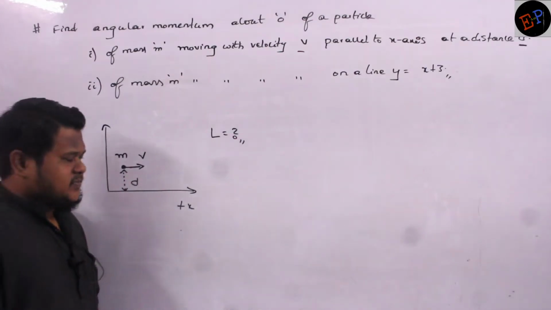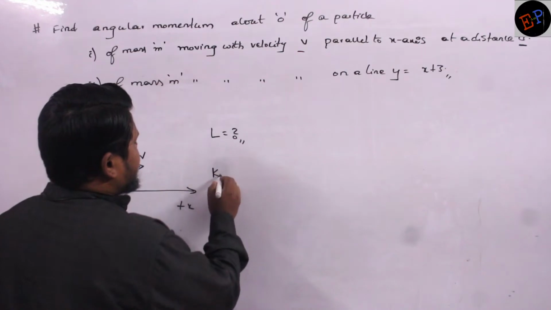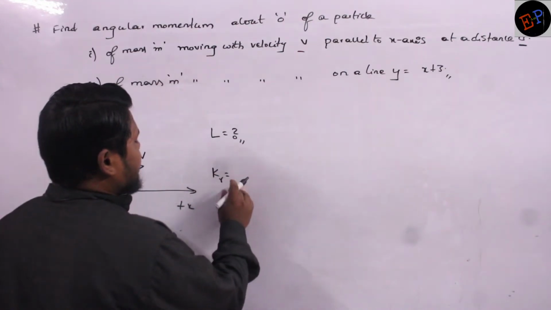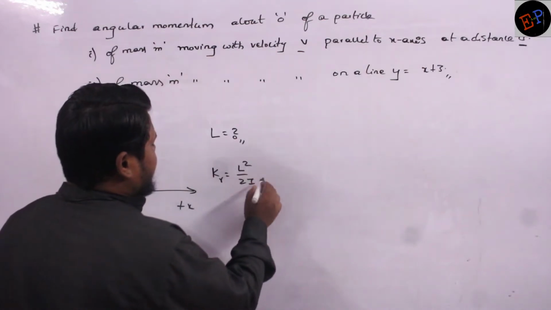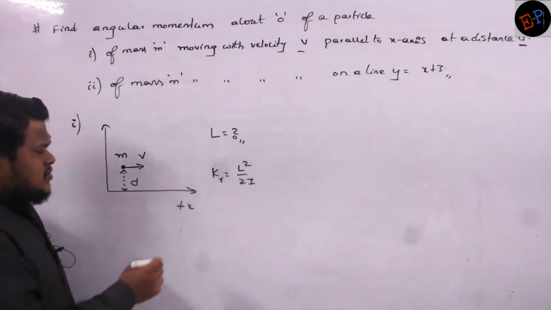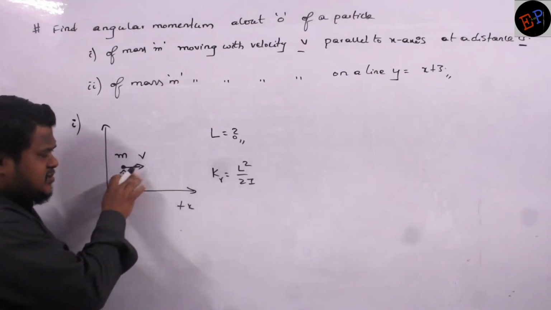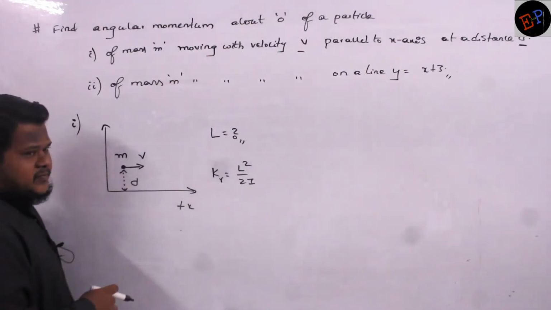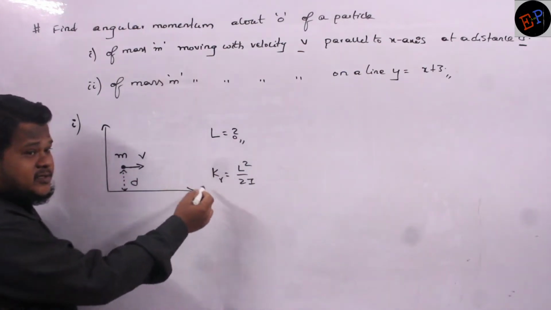Any other method? The first method is, we have already studied that rotational kinetic energy K is equal to L square divided by 2I. So this particle, is it rotating? It is not rotating, it is moving in a straight line. But this is the equation for rotational kinetic energy.